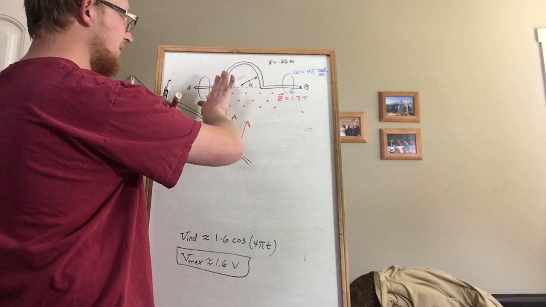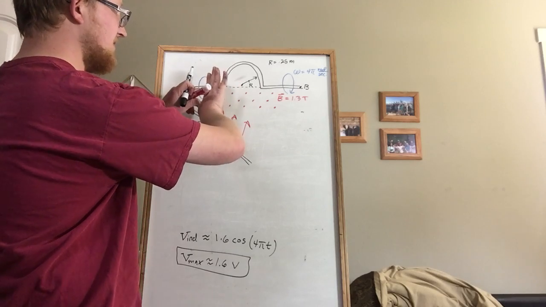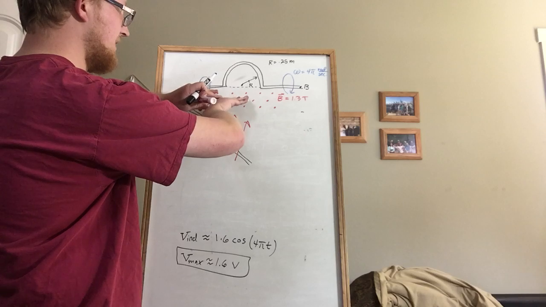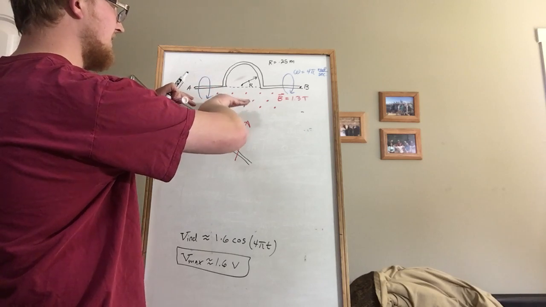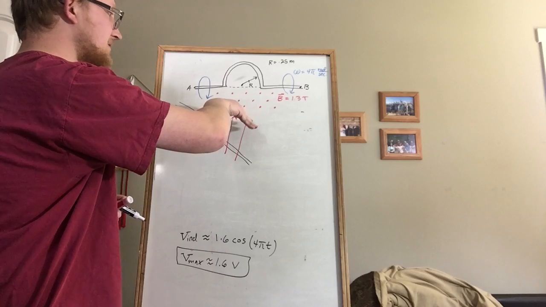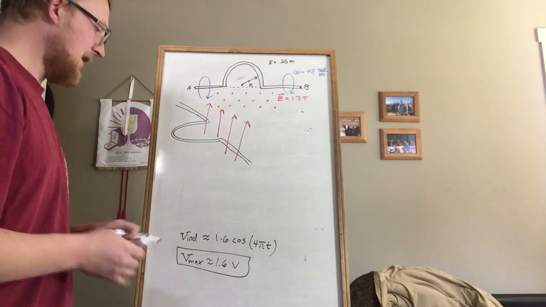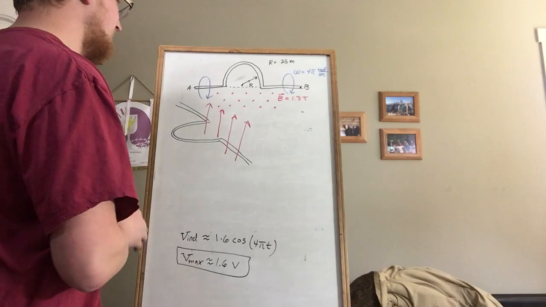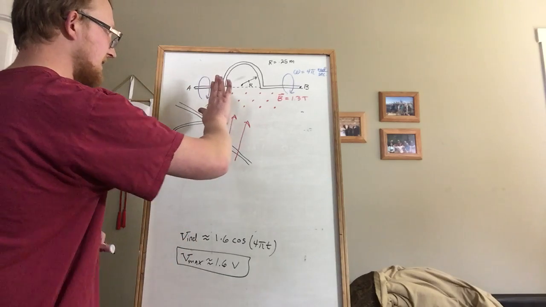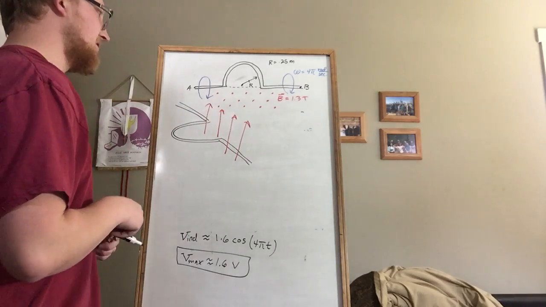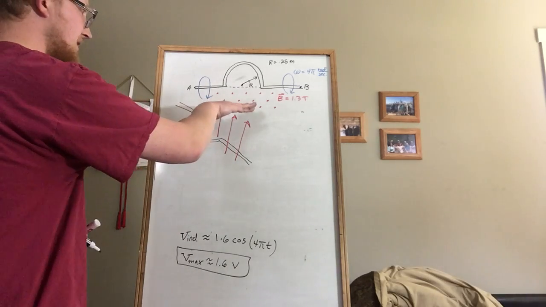Once it gets to the top and starts going down, you'll notice the flux of B through the surface is increasing until it's halfway through the B field. Then the flux starts decreasing. And we know that induced voltage opposes the change of magnetic flux. So if magnetic flux is increasing, the voltage induced will be high in the opposite direction.